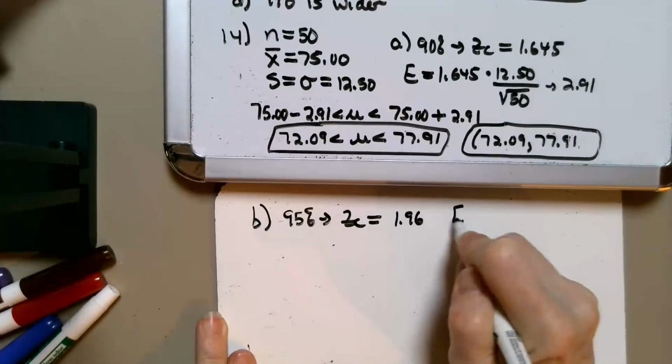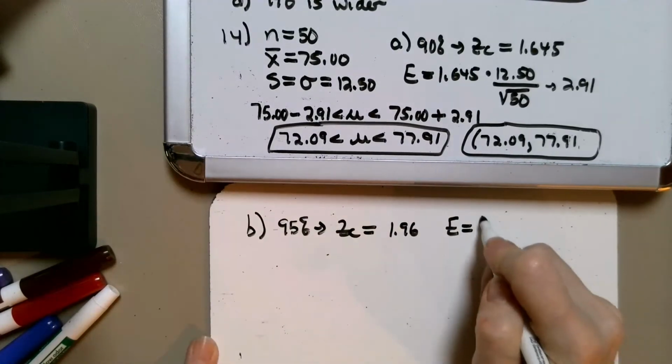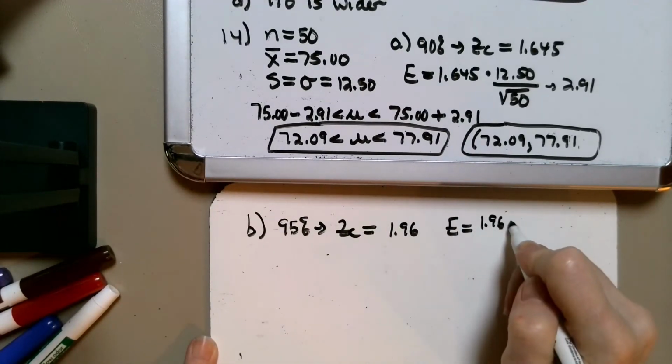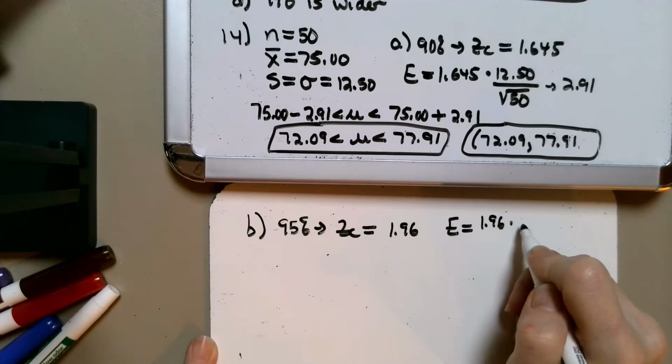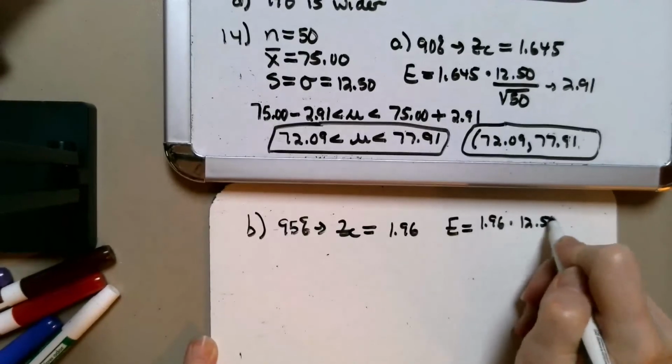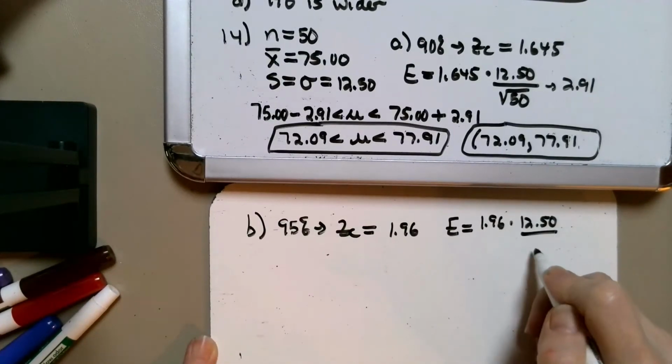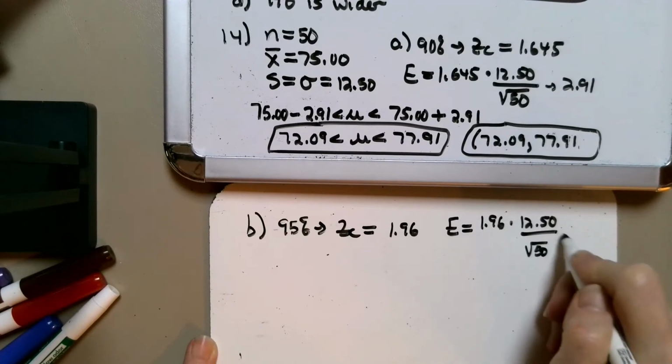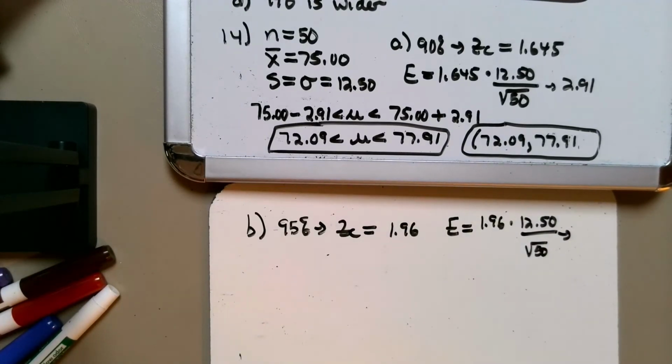So again, the margin of error: Z sub C, 1.96, times sigma, $12.50, the standard deviation, over the square root of the sample size, 50. So 1.96 times 12.50 divided by the square root of 50.